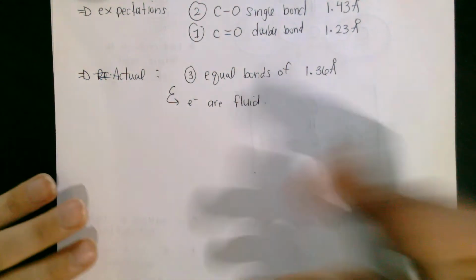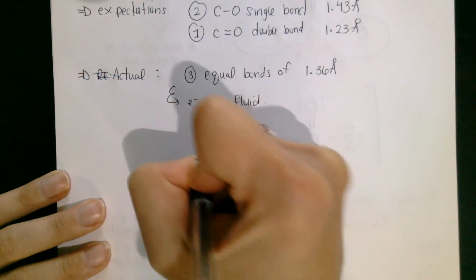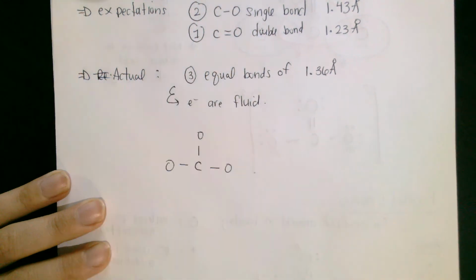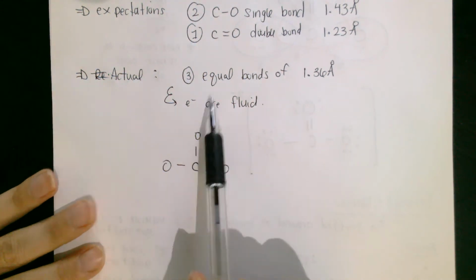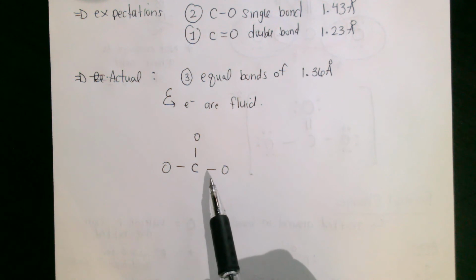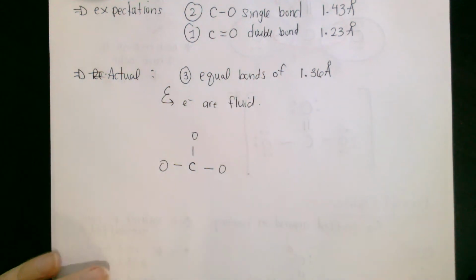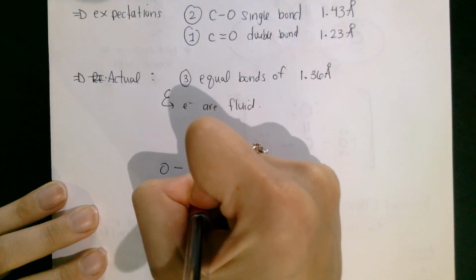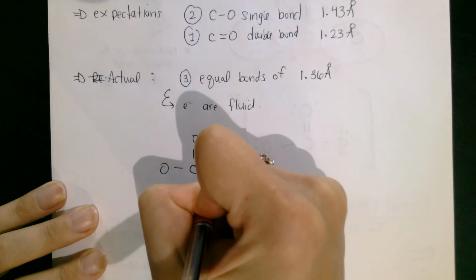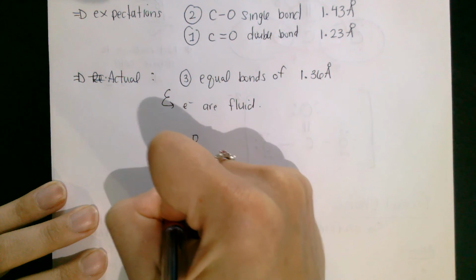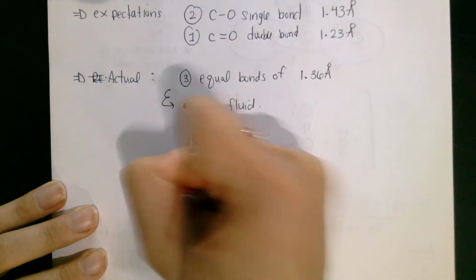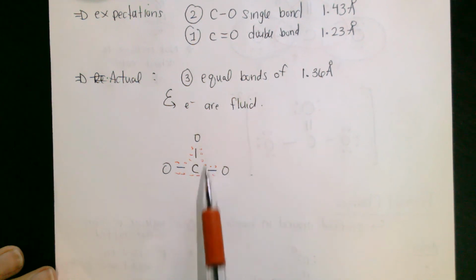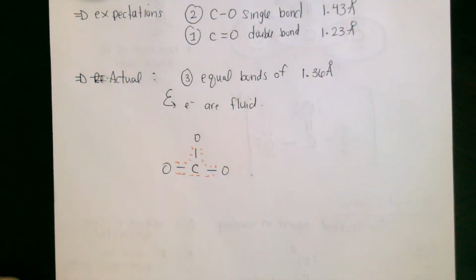So again, these electrons are fluid. We have for sure a single bond between all of them. And then the extra electron in that double bond is actually now shared between them all. We often draw that like this, kind of double bond all the way around. The reality of the situation is that double bond is shared between them all.